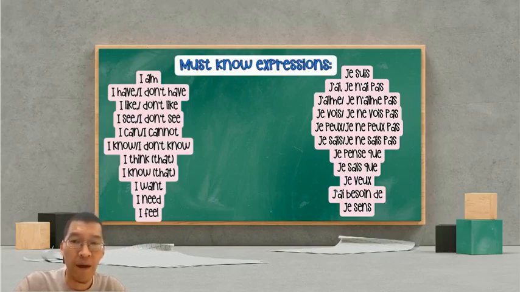learning. So for me, in French, it's je suis, j'ai, je n'ai pas, j'aime, je n'aime pas, je vois, je ne vois pas, je peux, je ne peux pas, je sais, je ne sais pas, je pense que, je sais que, je veux, j'ai besoin de, je sens.